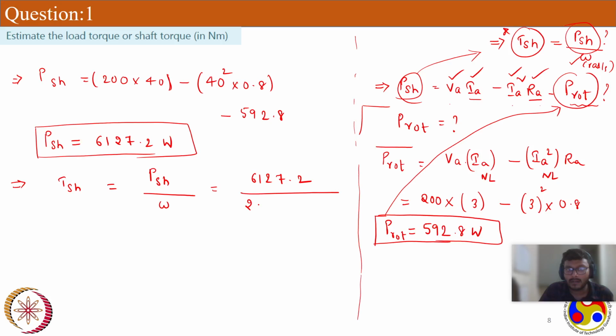What is the full load speed? Load speed we have calculated in the first problem. 935.22 RPM, divided by 60. Please calculate this and let me know the final answer for the shaft torque.